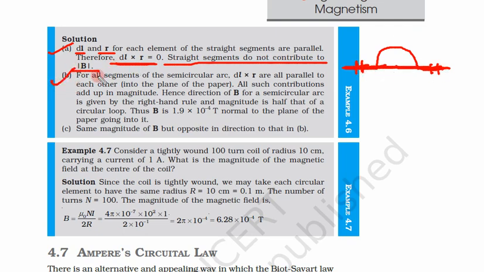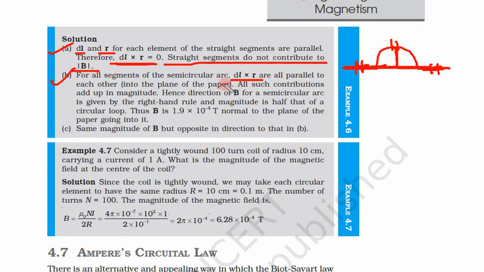Now for the segments of the circular arc, dl cross r, so let us take this dl. This is a very small segment, and the radius, both are parallel to each other into the plane of paper. So again this dl and this r both are perpendicular.